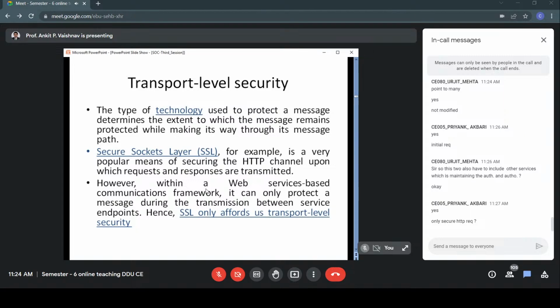So I would go in further detail. The type of technology used to protect a message determines the extent to which the message remains protected. Fine. So which technology you use, right? That decides how much secure your message is going to be, right?